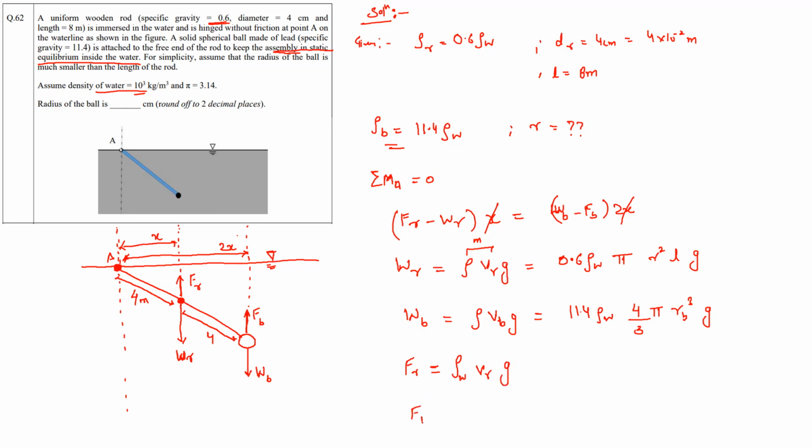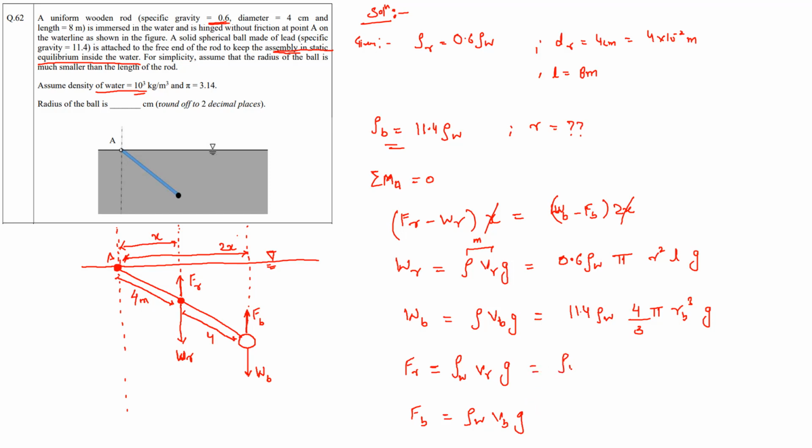Whereas for the ball it will again be the density of the water, times the volume of the ball, because at this location the volume of the fluid displaced is by the spherical ball, and again times g.